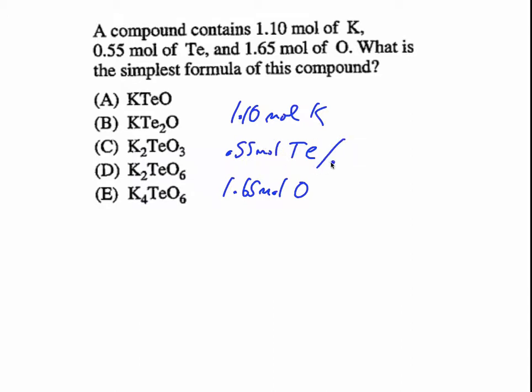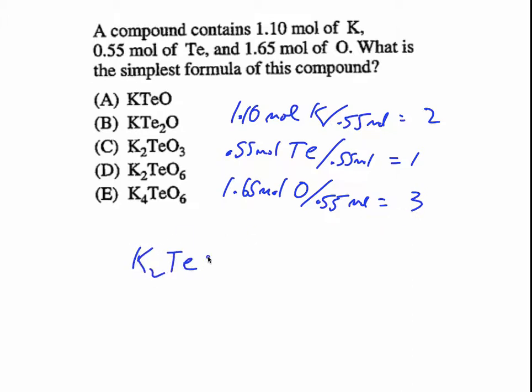So divide by the small, 0.55 moles equals 1 mole Te, 0.55 moles equals 2 moles of K, and 0.55 moles equals 3 moles. So I have K2, Te1, O3, and that's going to give me C as my answer.